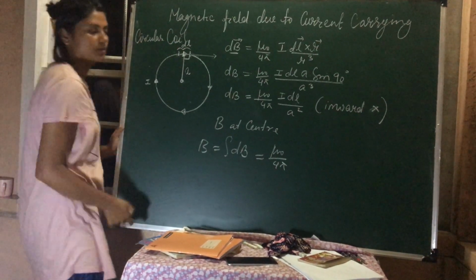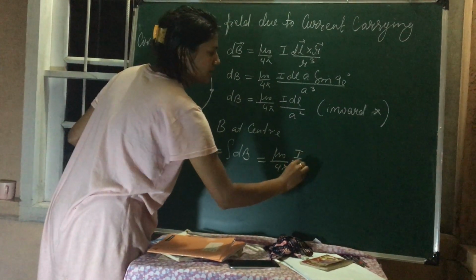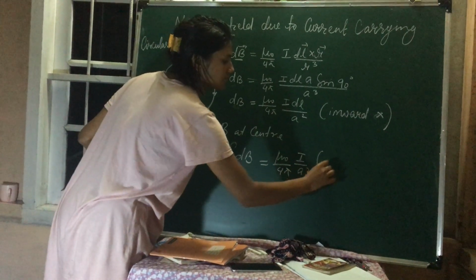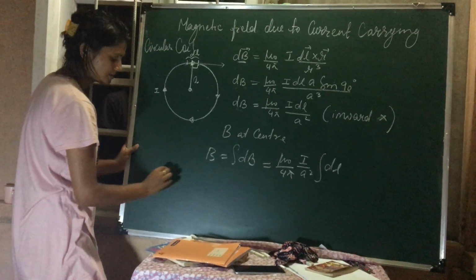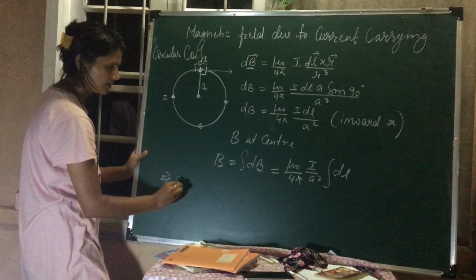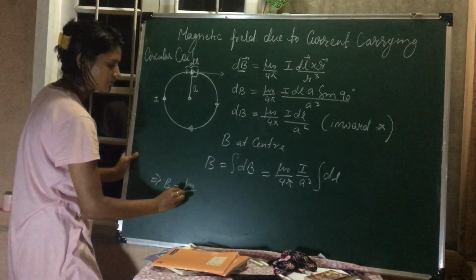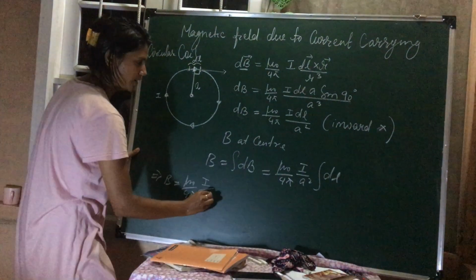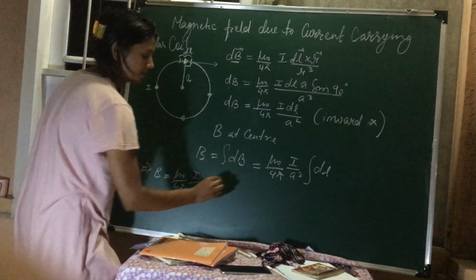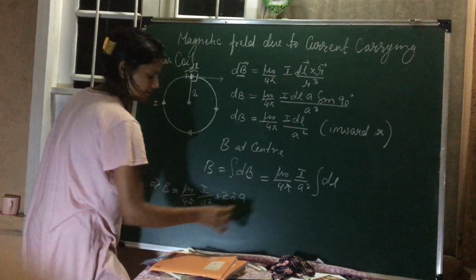So B equals mu 0 by 4 pi, I by A squared, times the integration of dL along the length, which is the perimeter of the loop, 2 pi A.